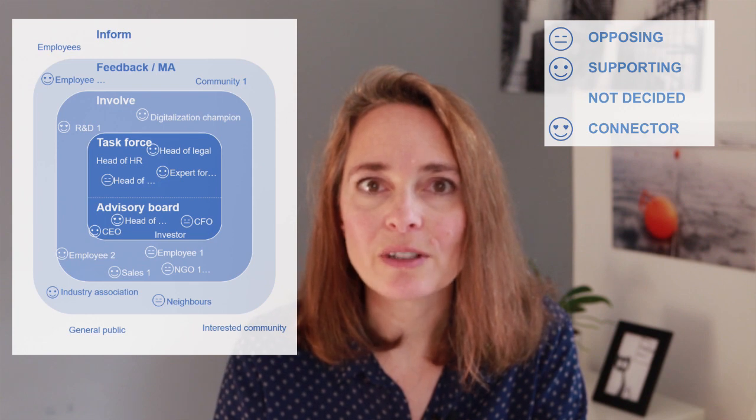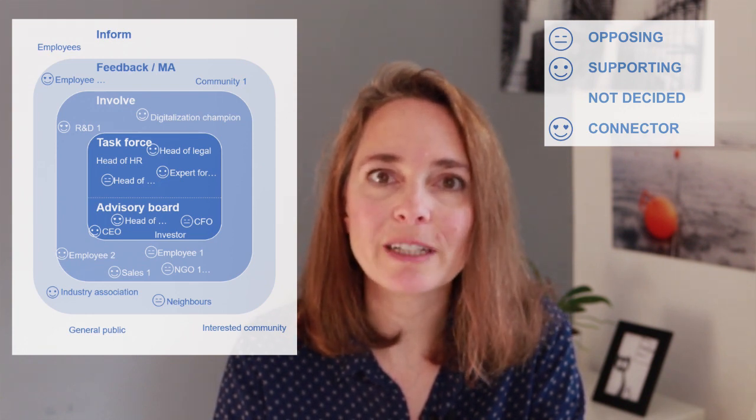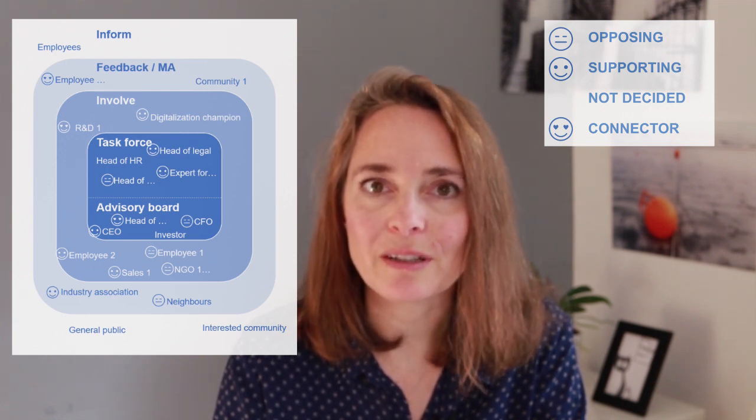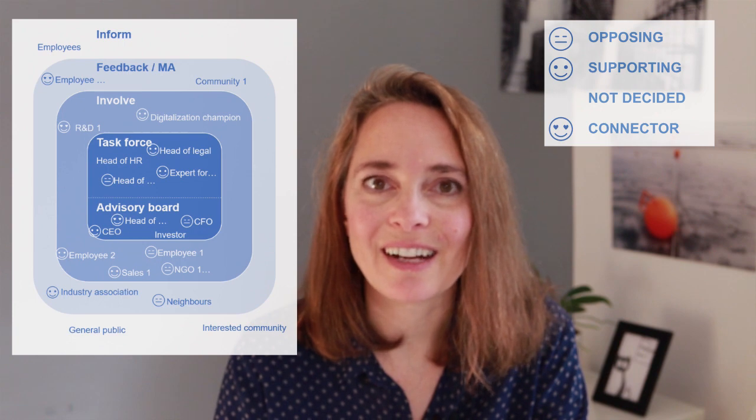And I also note down people who are great supporters, who might be influencing others, and who might be great connectors. Those are the people with the heart in their eyes. This whole process helps you to set up your communication strategy, your involvement plan within the sustainability strategy, and it can also help you to get insights for your materiality assessment.